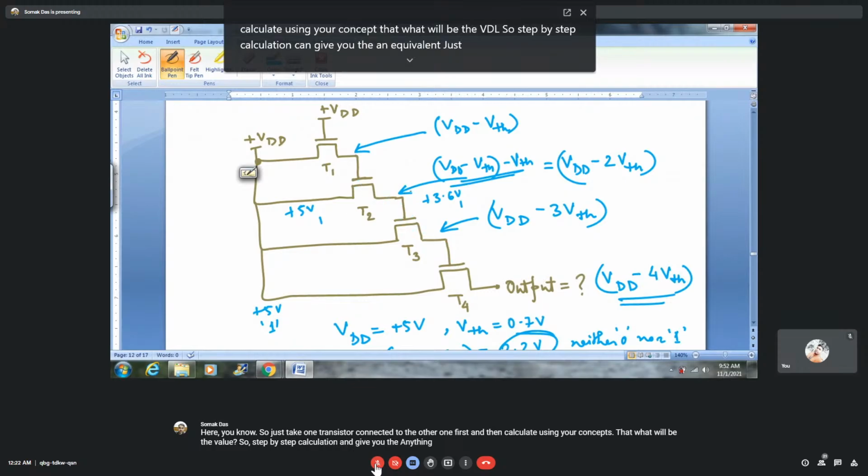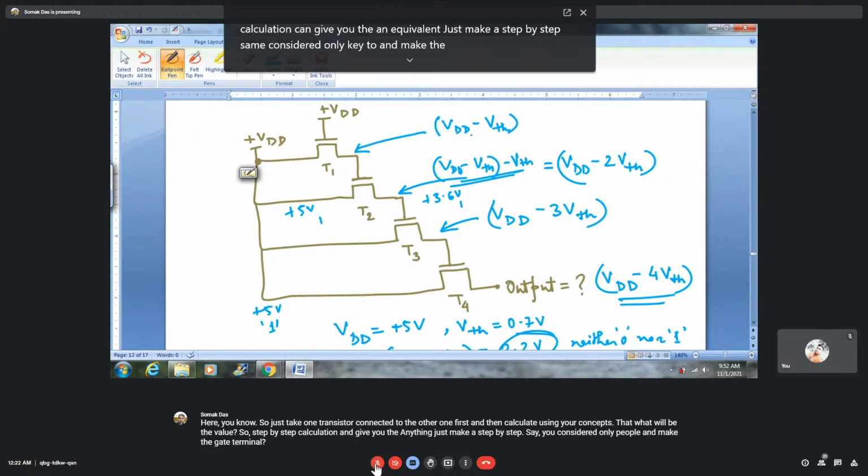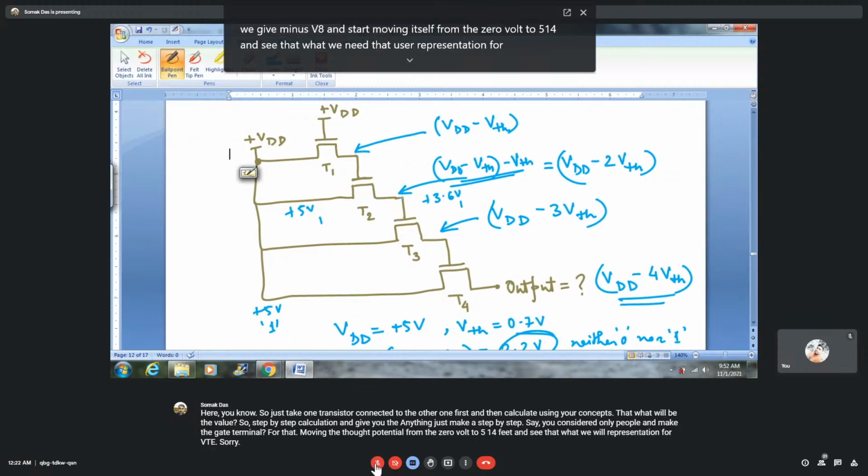Say you consider only T2 and make the gate terminal potential VDD minus VTH and start increasing the source potential from 0 volt to 5 volt and see what will be the tabular representation for VD, the drain potential. Then only you can find at which point the drain potential stops increasing.